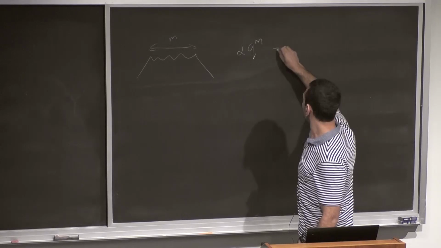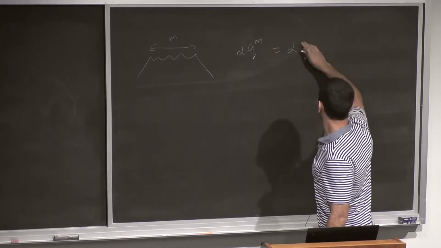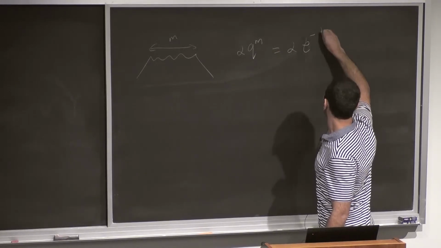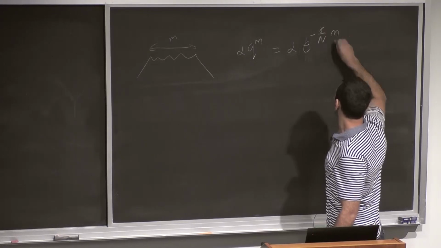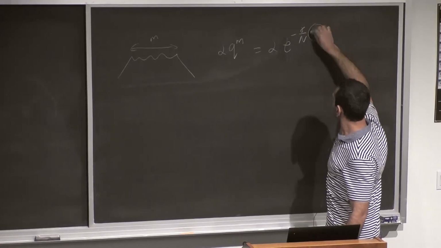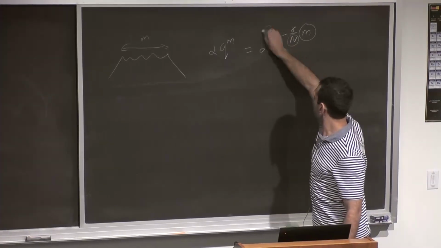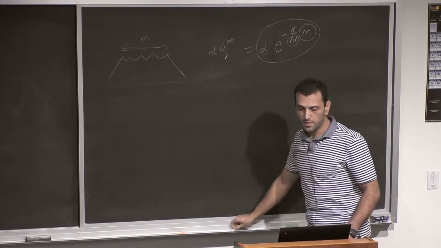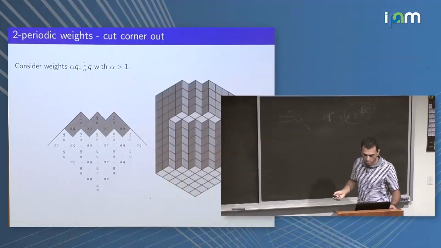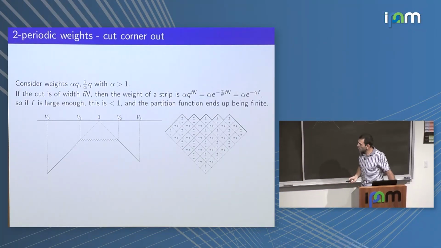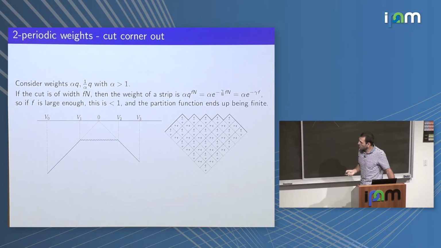But remember that q goes like e to the negative some constant over n. So if you could have this m grow at the scale n, then you could have this whole thing be less than 1. And that turns out to fix the issue, and you have a probability measure which is well defined.